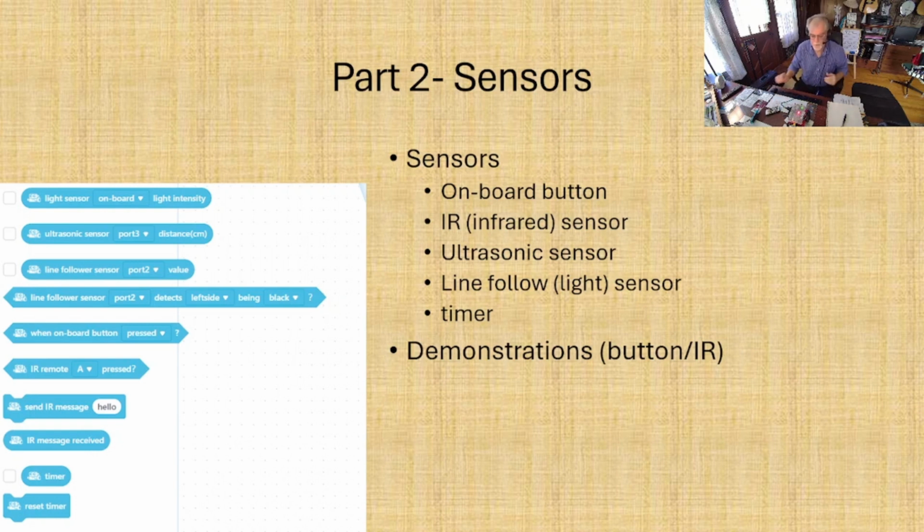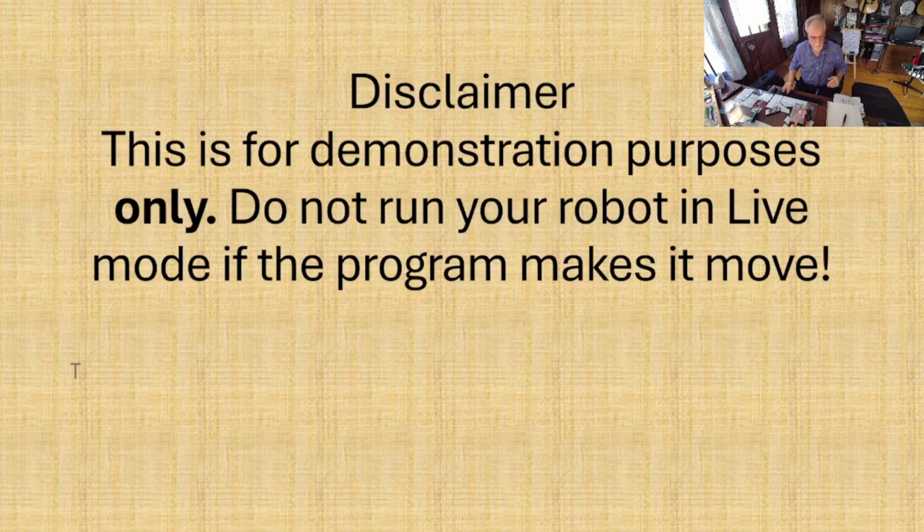You have the ultrasonic sensor, which is actually what looks like its eyes, and it's kind of like a bat. It sees with its ears. Then you have an infrared correction. You have a light sensor on the bottom that can sense colors. And you also have a timer.